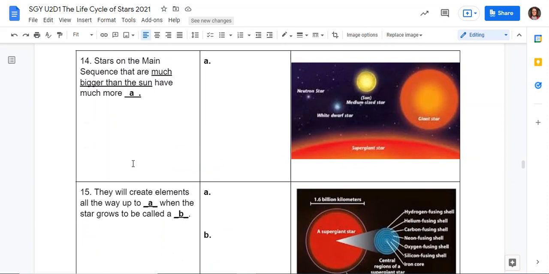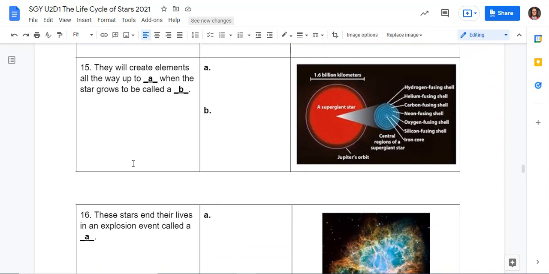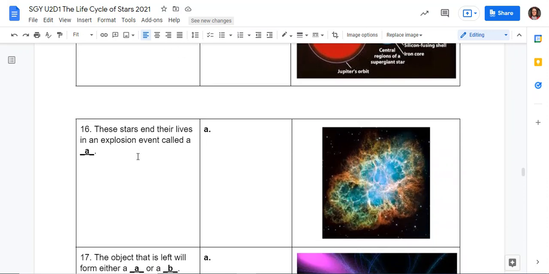Number 14, stars on the main sequence that are much bigger than the sun have much more mass. So they are higher up in that main sequence. They have more mass. Number 15, they will create elements all the way up to iron. Fe is its symbol on the periodic table. When the star grows to be called a red supergiant, that's when they can start forming iron.